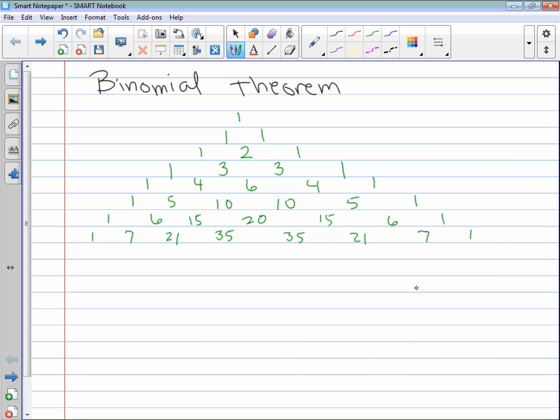Now, obviously, this pattern can continue forever. What's the pattern? Adding the two numbers above, right? So 4 and 6 together makes 10. 5 and 10 together makes 15. That is right.